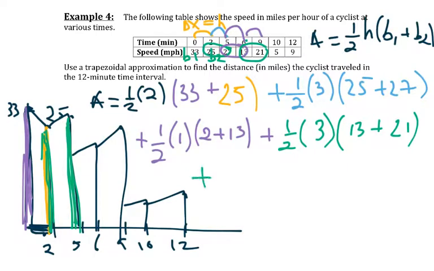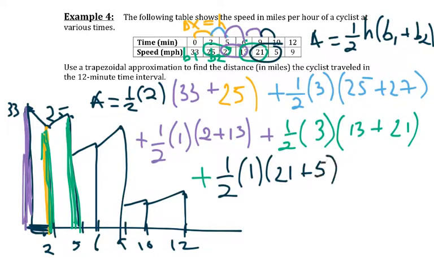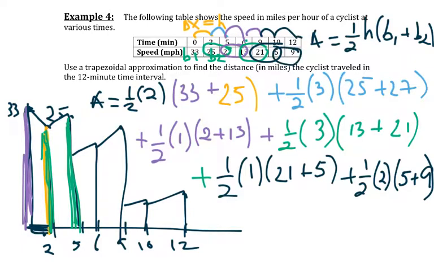Then the next trapezoid, which is 1/2, from 9 to 10, so the height would be 1. The two bases we looked at are 21 and 5. And then one last one, which is 1/2. The change in the height is 2. Base 1 is 5, and base 2 would be 9. So this one is the last trapezoid.